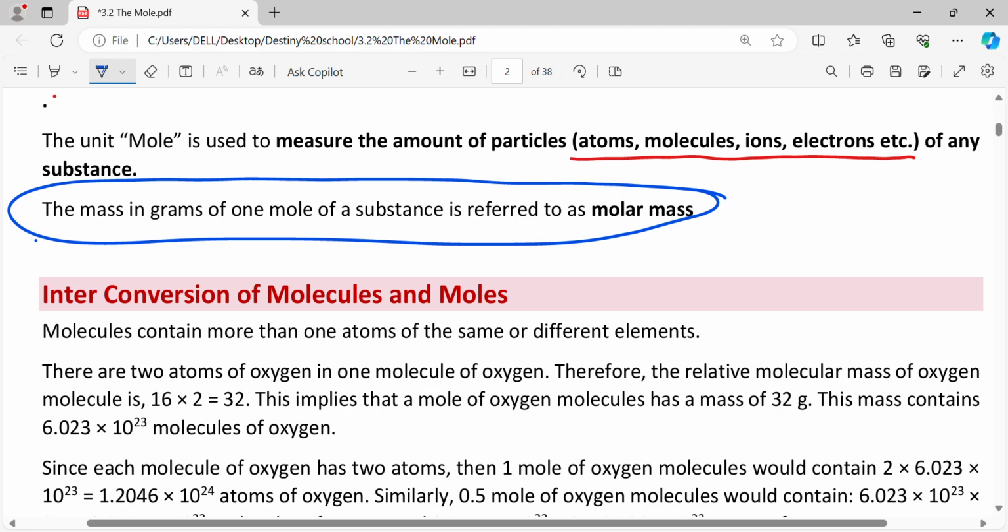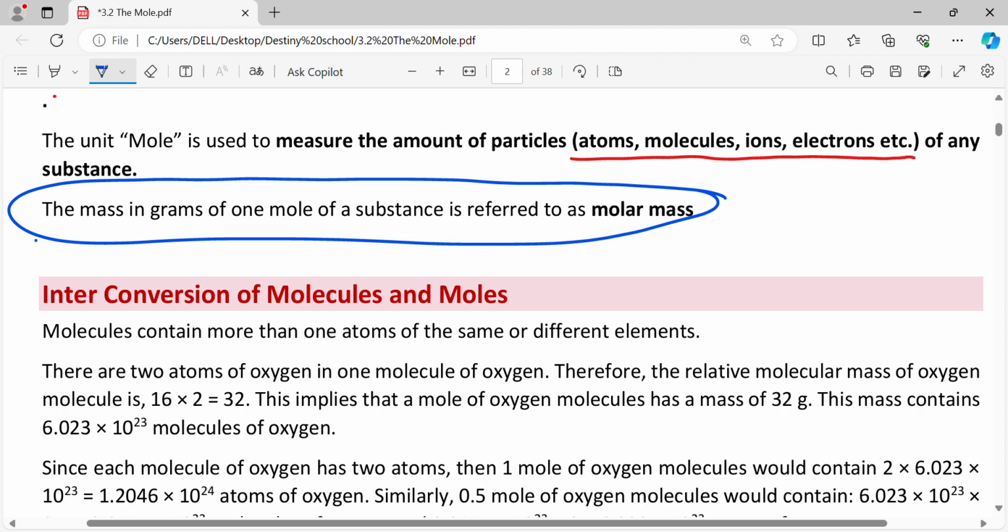After having this 1 mole of sodium, if you take a beam balance and measure its mass, because 1 mole of a substance contains 6.023 times 10 raised to 23 atoms, particles, ions or electrons, the weight that you get is the molar mass.